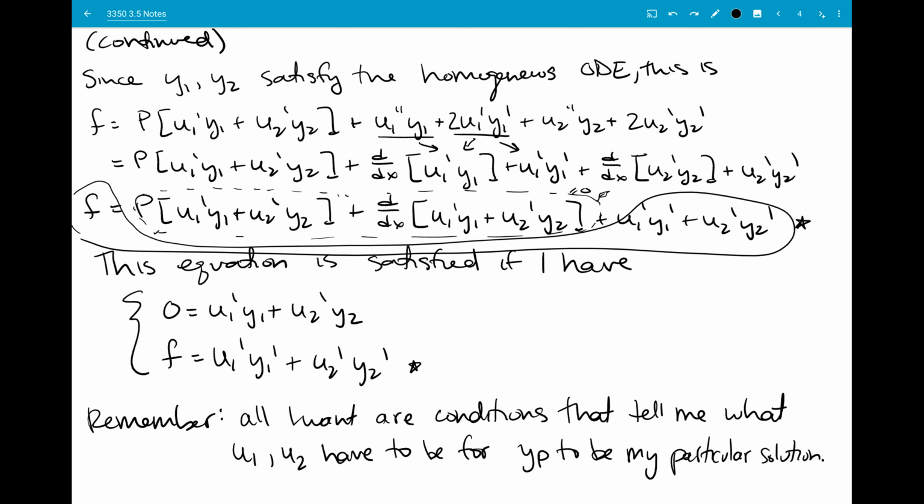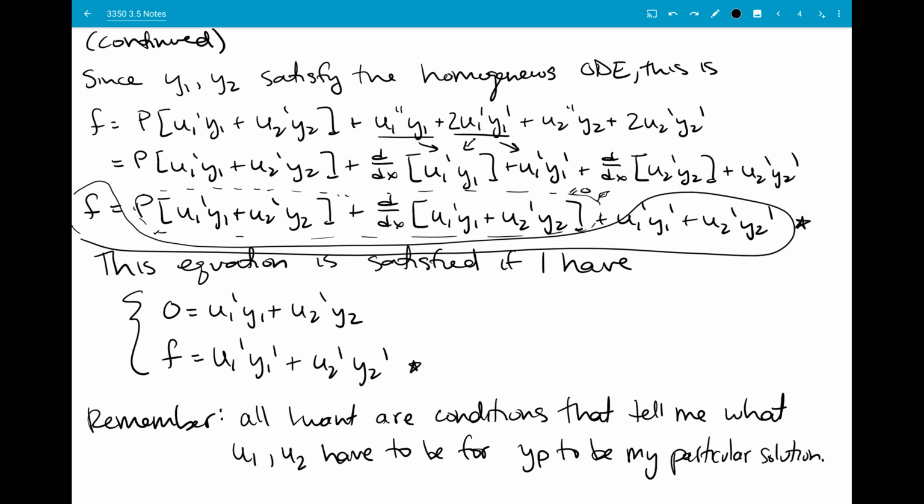And what's fortunate for me is that this is two equations for two unknown things, u1 and u2, specifically for their derivatives, u1 prime, u2 prime. And since y1, y2, and f are all known quantities that are functions of x, I could plug everything in now, and I just have an algebraic problem. Solve for what u1 prime is, solve for what u2 prime is.